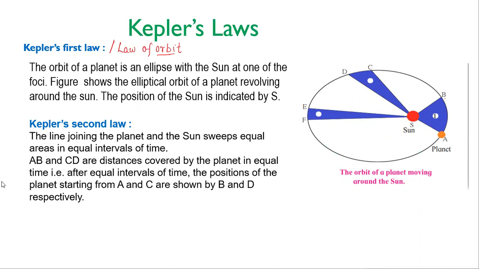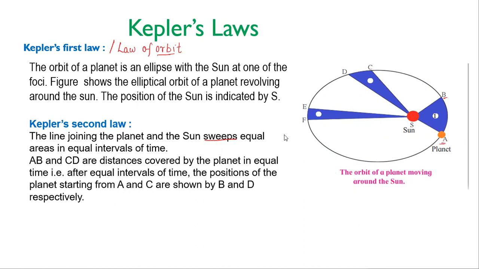Now next is Kepler's second law. According to Kepler's second law, the line joining the planet and the sun sweeps equal areas in equal intervals of time. Sweeps means covers. It covers equal areas in equal intervals of time. For example, the position of the planet is at A. After 24 hours, it reaches the position B. Now, from the initial position and the final position, a line is joined to the sun.